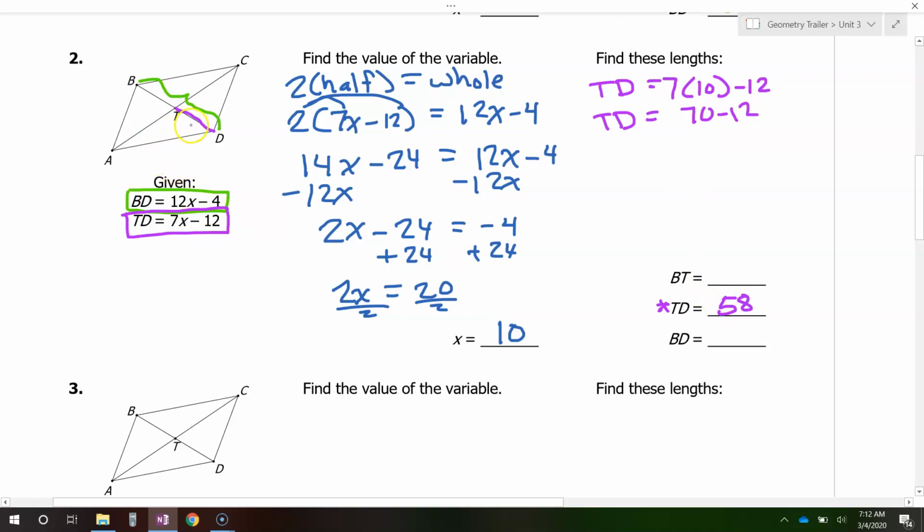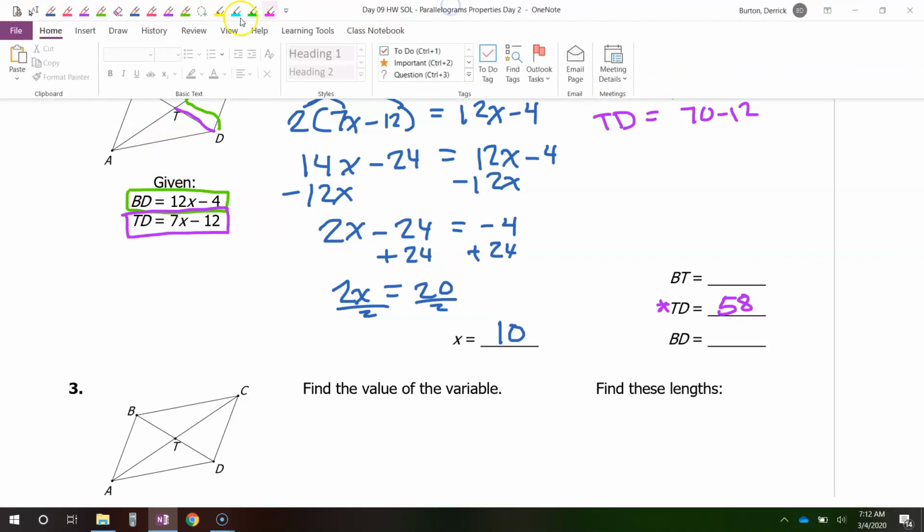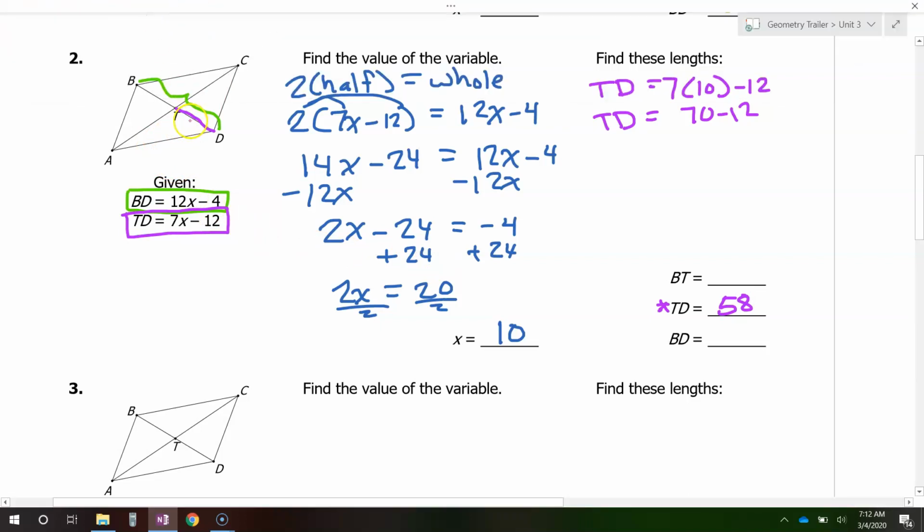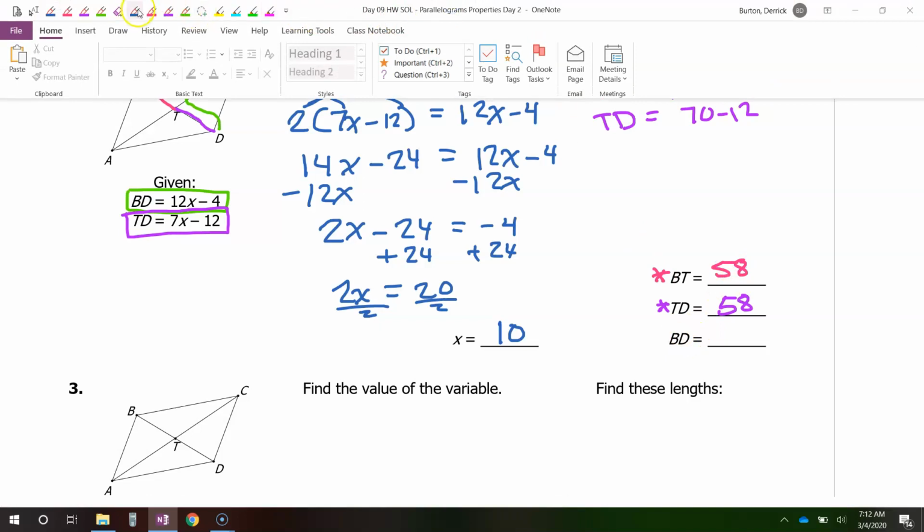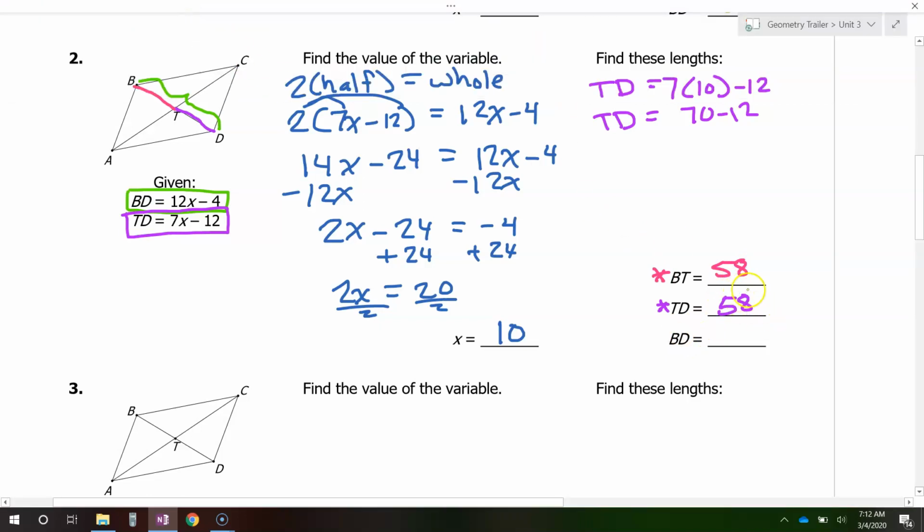Now TD is half, and BD is the whole, BT is the other half. So if TD is 58, BT should also be 58. And BD will be the sum of both of these. So that's 116.